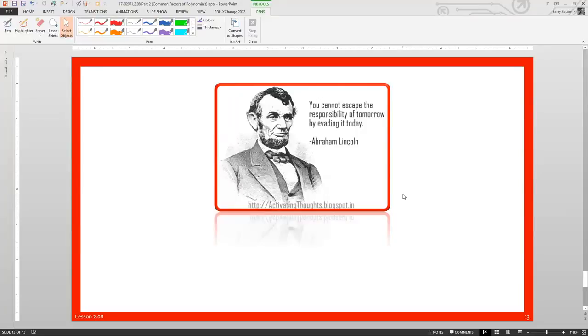This quote I like because it's kind of the story of my life. I'm a huge procrastinator, as you could probably tell. I promised you a recording a week ago and you didn't get it until now. So it is true: you cannot escape the responsibility of tomorrow by evading it today. It kind of means don't put things off to the last minute, because not only will you not escape it, you're actually going to be exacerbating it.